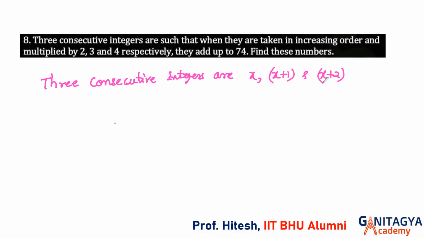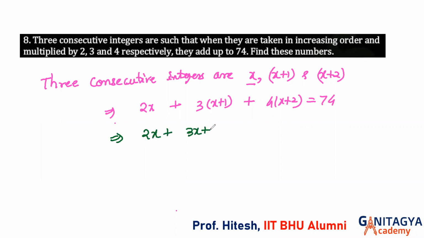When they are taken in increasing order and multiplied by 2, 3 and 4 respectively, x is multiplied by 2, x plus 1 by 3 and x plus 2 by 4, and they add up to 74. So 2x plus 3x plus 3 plus 4x plus 8 is equal to 74.